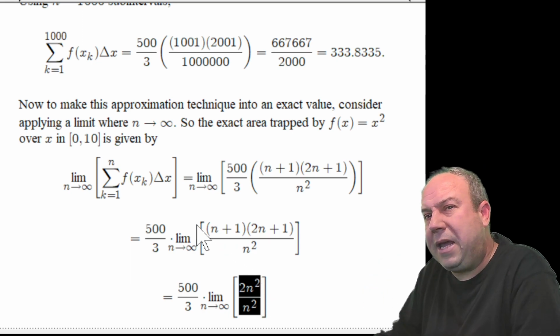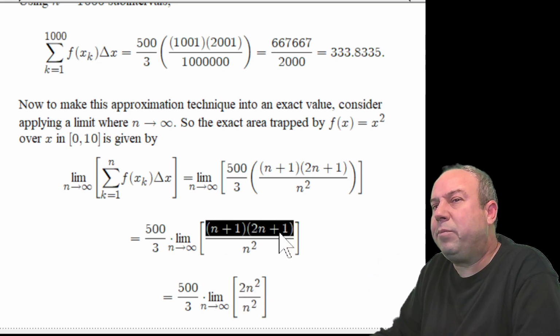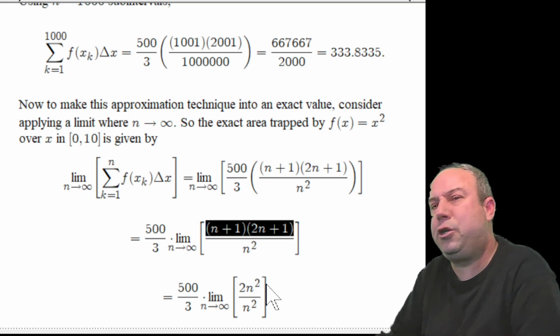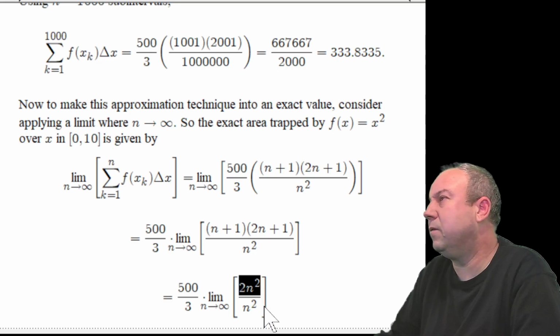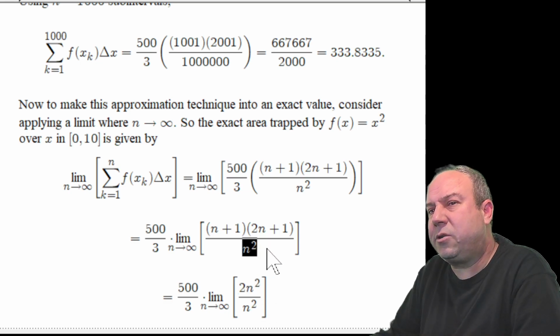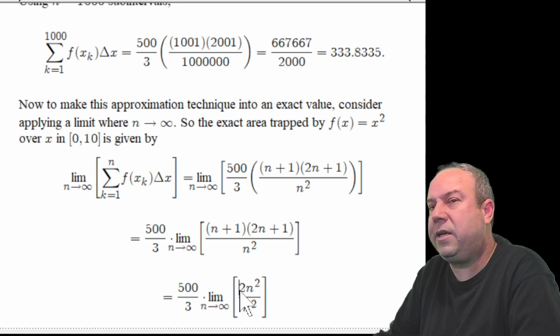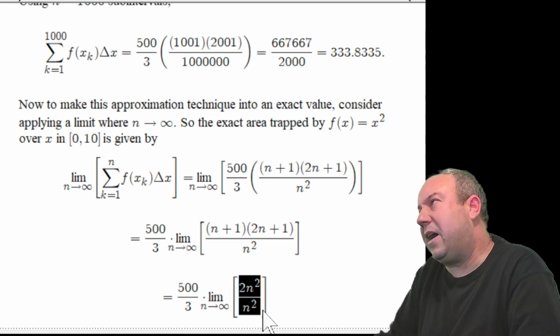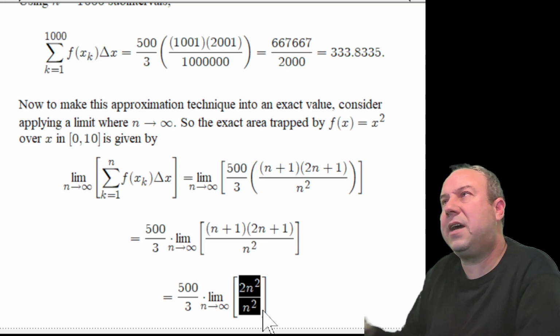If we expand n plus 1 times 2n plus 1, the leading term would be 2n squared in the numerator. Putting that over an n squared in the denominator, my limit as n heads to infinity for that quantity would be 2n squared over n squared, which simplifies to the constant of 2.